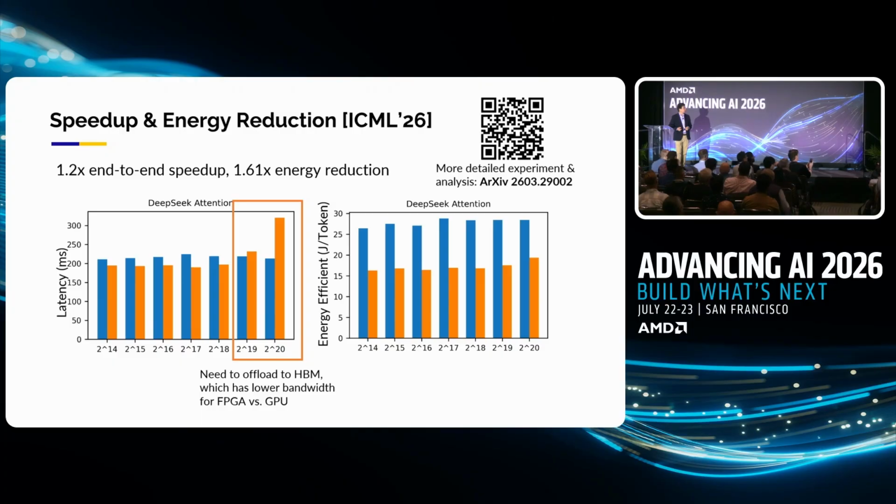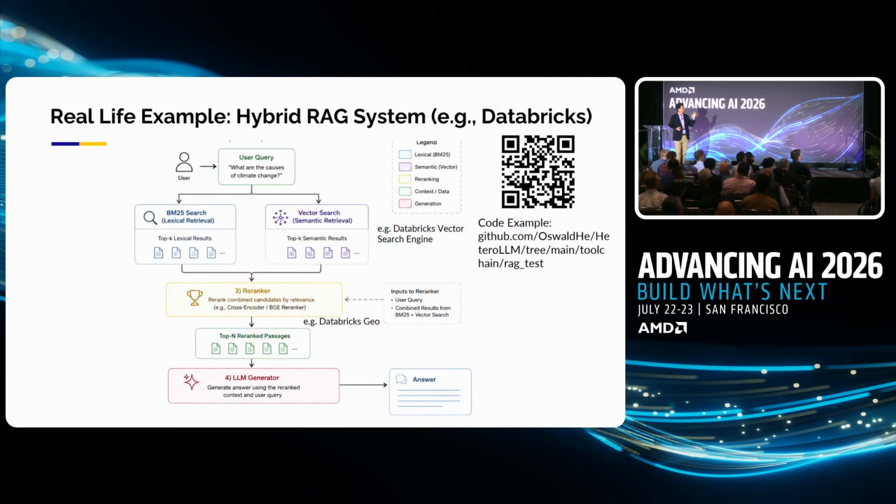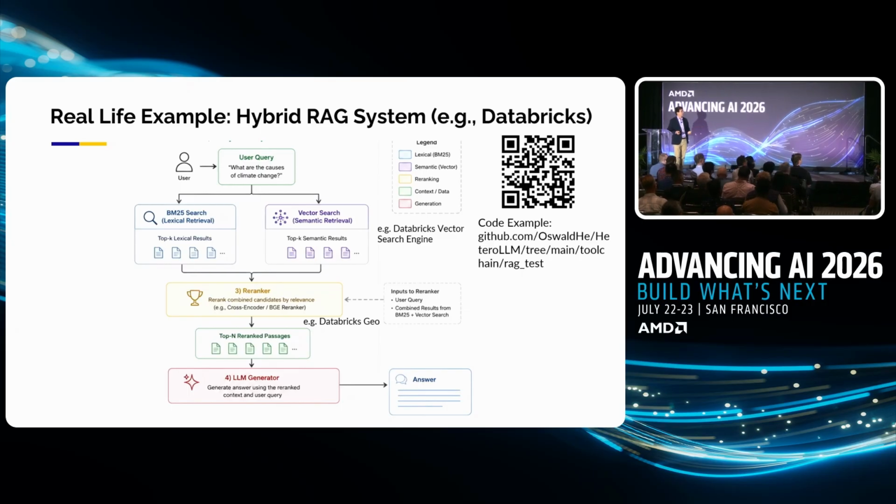So I want to show you some end-to-end results, how you use it. For example, some of you are probably coming from Fortune 500 companies. In the enterprise setting, you're not going to ask LLM all the time. So you most likely have a rack-based system working with Databricks. So you want to do queries on the relevant information in the company.